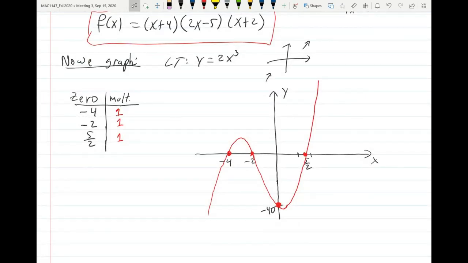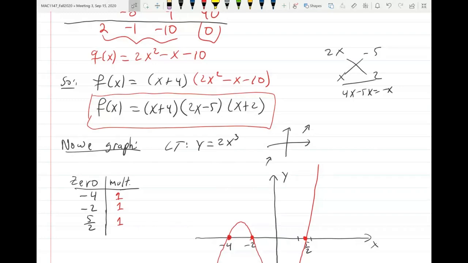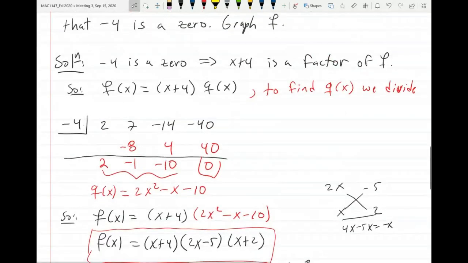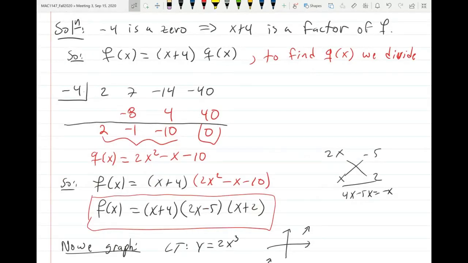Okay, questions? So if you are given a zero, do you understand how to begin doing your work and keep on finding more zeros? At least with degree 3, that's everything, because if you have a degree 3 polynomial and you already know one zero, then you do exactly what we did.